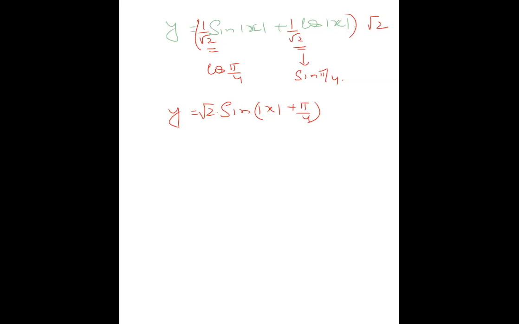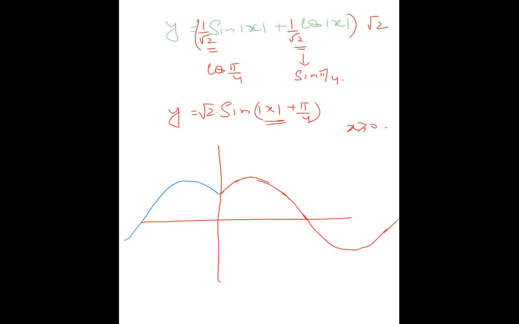Now, draw the graph. We know that for x greater than or equal to 0 I have to draw the graph. At x equal to 0, I'm getting sine pi by 4. Then again, you know how the graph goes. But we know that there is a mod x. So obviously, when the graph is drawn for x greater than or equal to 0, the same graph will be there for x less than 0.